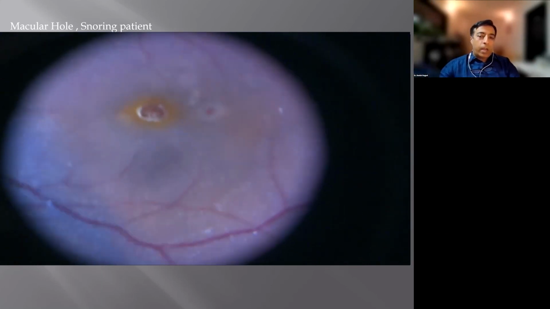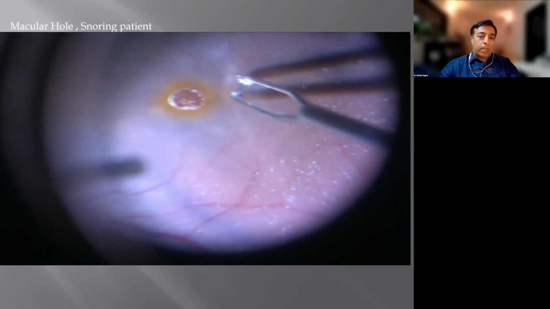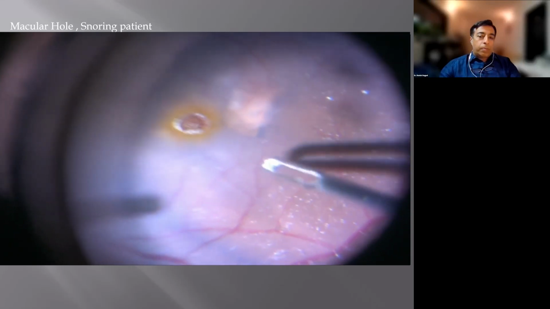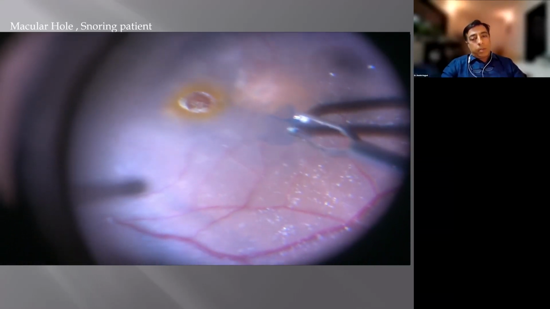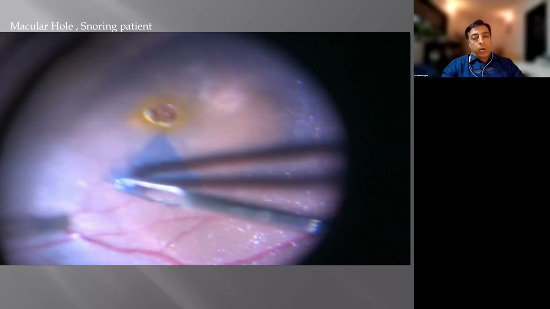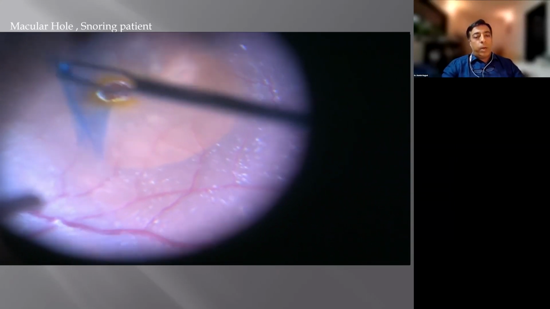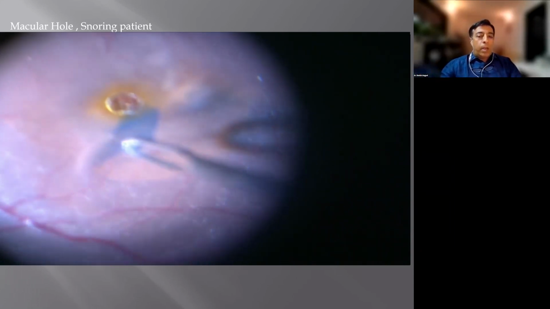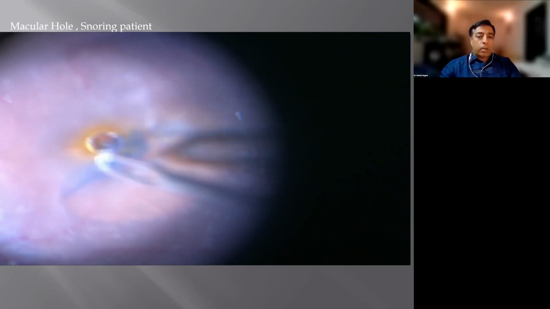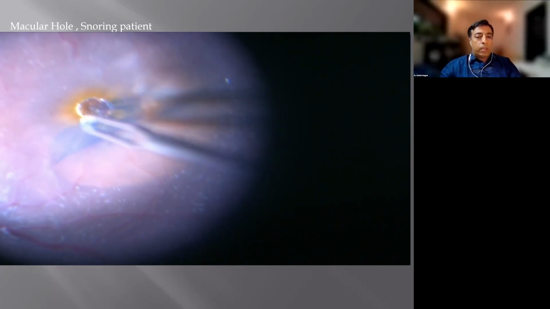And here once again, as you can see that the patient gets up suddenly, and I keep both my palms rested on the forehead so that I don't create huge breaks when the patient suddenly moves. But you can see that there was still a small area which my forceps touched, temporal to the fovea in this case also.